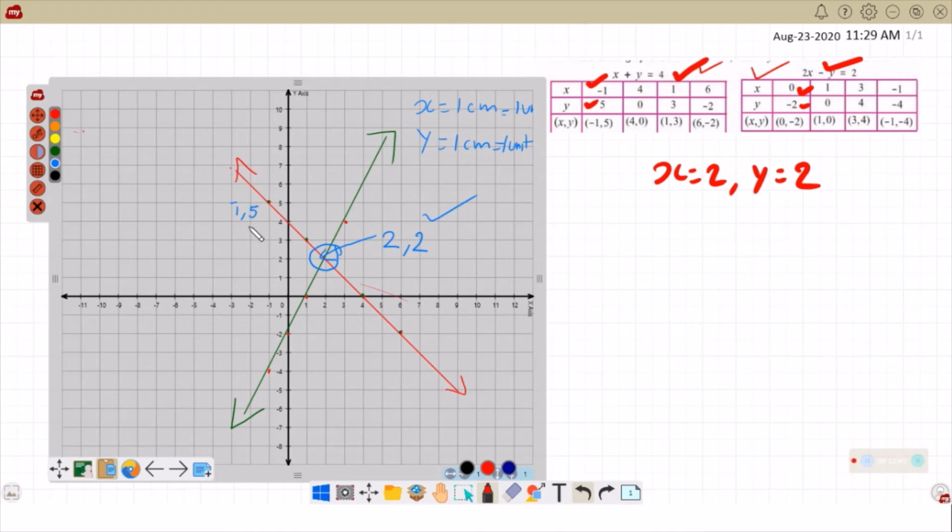Then 4 comma 0. This point is 4 comma 0, and this point is 1 comma 3. Then another point 6 and minus 2, you have to write these.